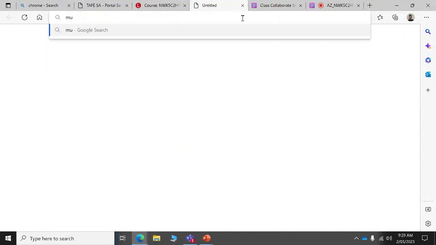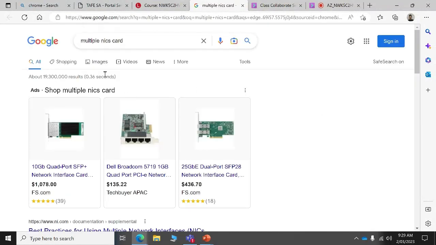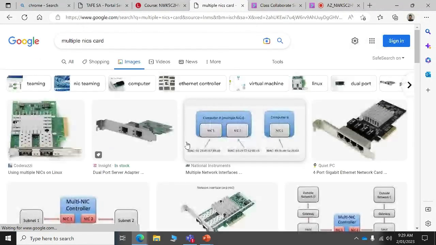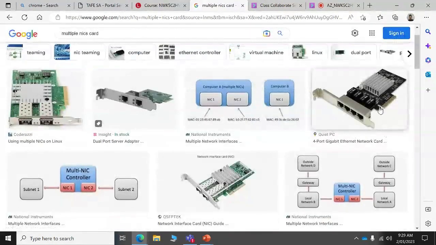Let's see if we can find one. Let's close this. All right, so if we look at images, this is the expansion cards, for example.